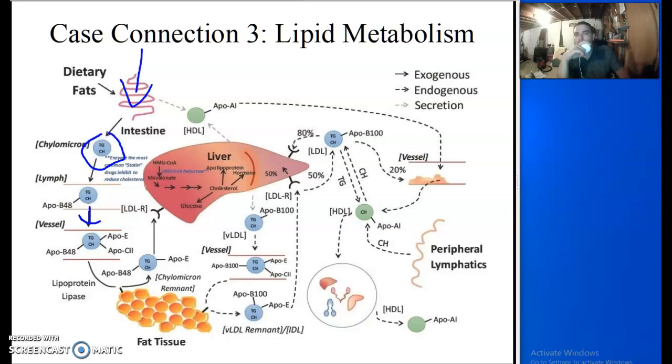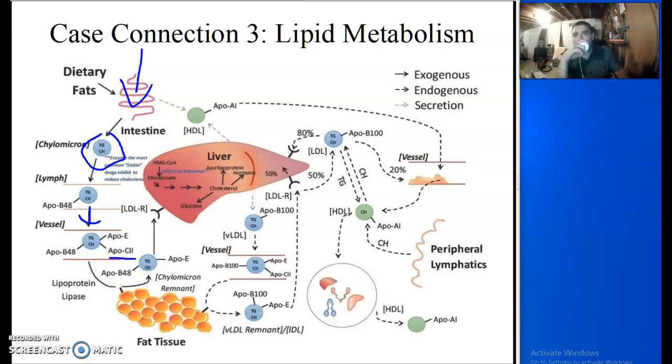So with all lymph, it is eventually dumped into the circulatory system, and the circulatory system contains HDL particles. They will interact with this chylomicron to fully mature it, attaching an ApoB and ApoC2.